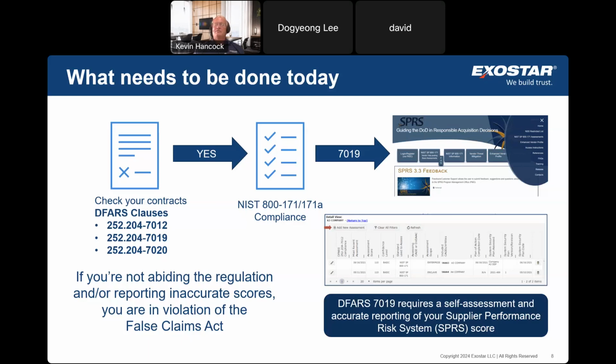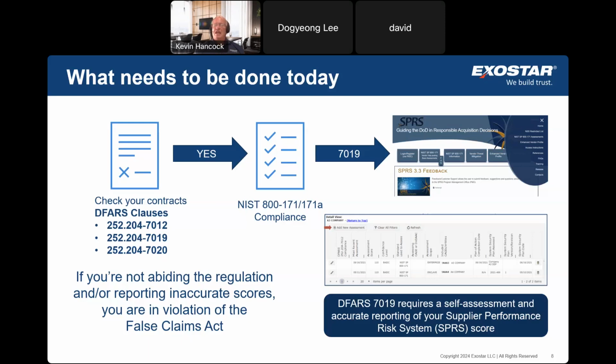That's where 171A, the assessment guide for NIST 800-171, comes into play to say whether or not you've implemented a particular control, take the score of that control, gather the overall assessment score, and enter that score into the SPRS system.